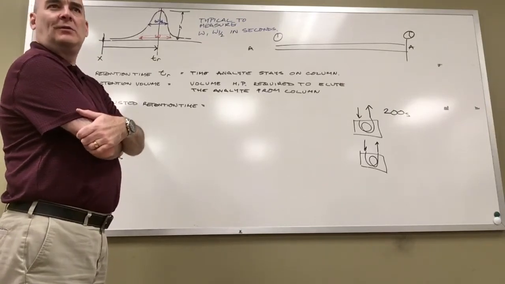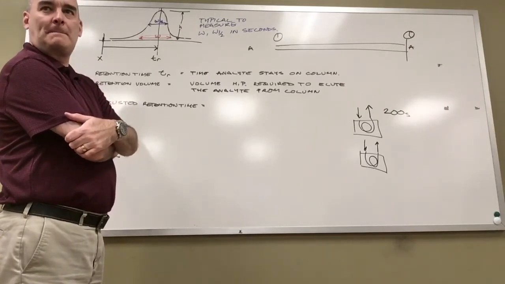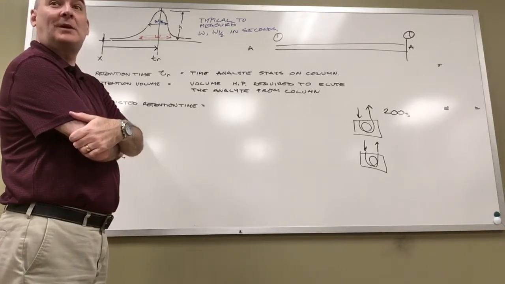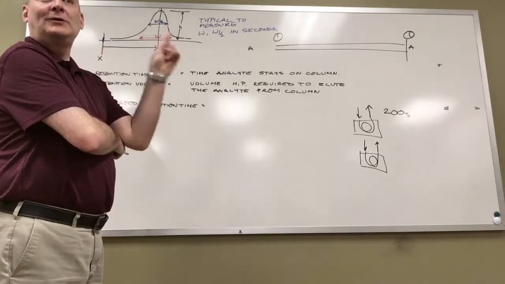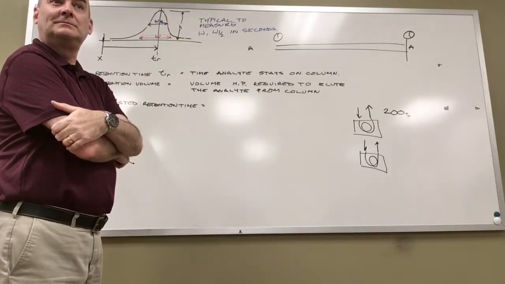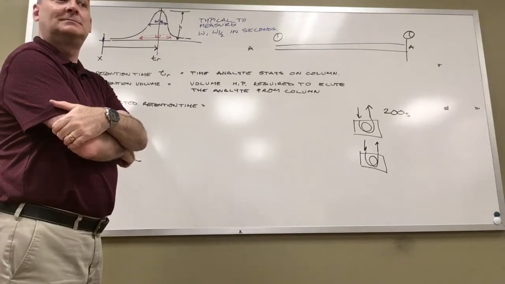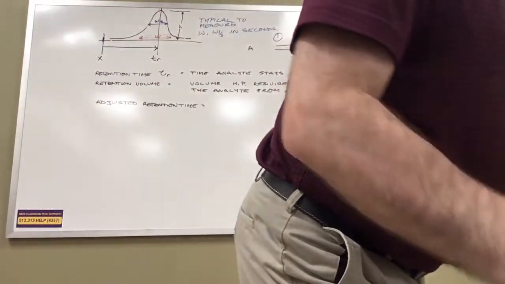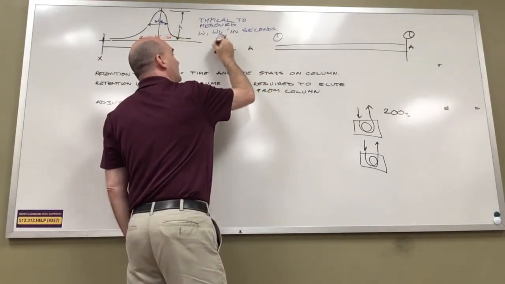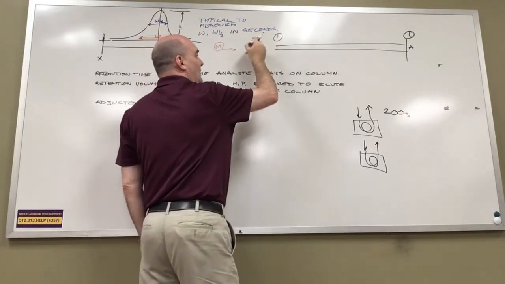What else is moving through the column? The carrier gas that is pushing the experiment along. How long did it take the carrier gas to get through? We don't know yet. So this is being pushed, we'll call it M for mobile phase.